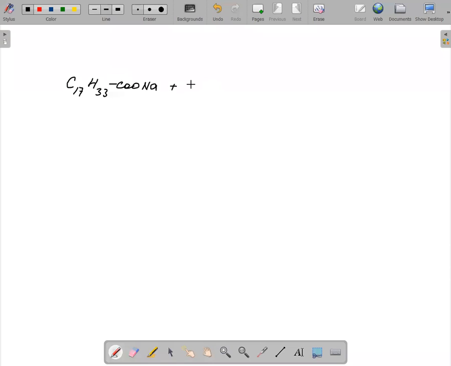What will happen if we add to this compound a calcium salt? Let it be calcium chloride. Sodium and potassium salts of fatty acids are soluble, but calcium or magnesium salts are insoluble.